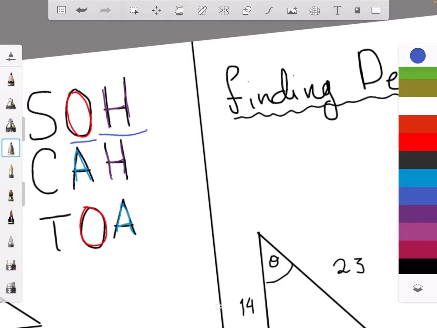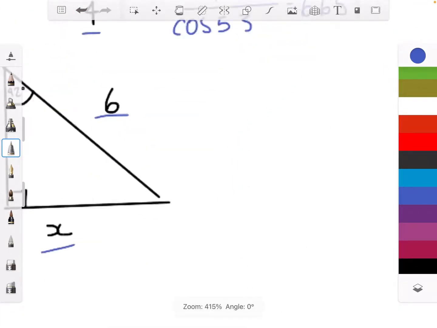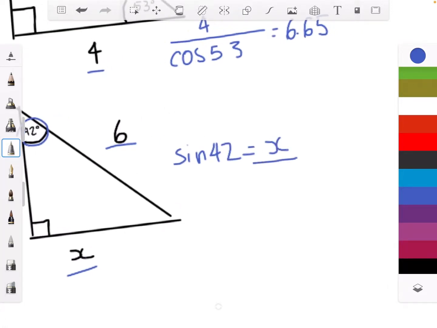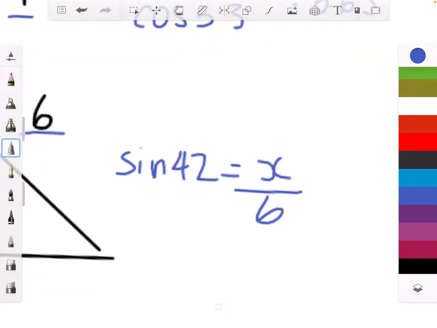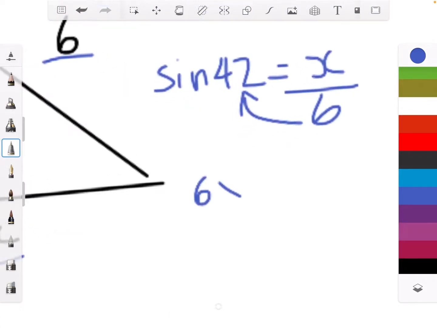In this question, you are given the hypotenuse and you're given the opposite. Hypotenuse and opposite, you have to use the sine formula. So that would be sine, the angle that you're given, 42, equals x over 6. This time, the x is the numerator, and so you have to multiply 6 by sine 42.